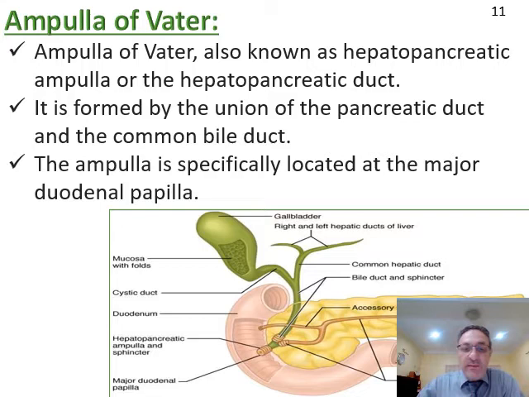They open by one opening known as major duodenal papilla. We have another small opening here, this is the accessory pancreatic duct, which opens superior to the ampulla of Vater.